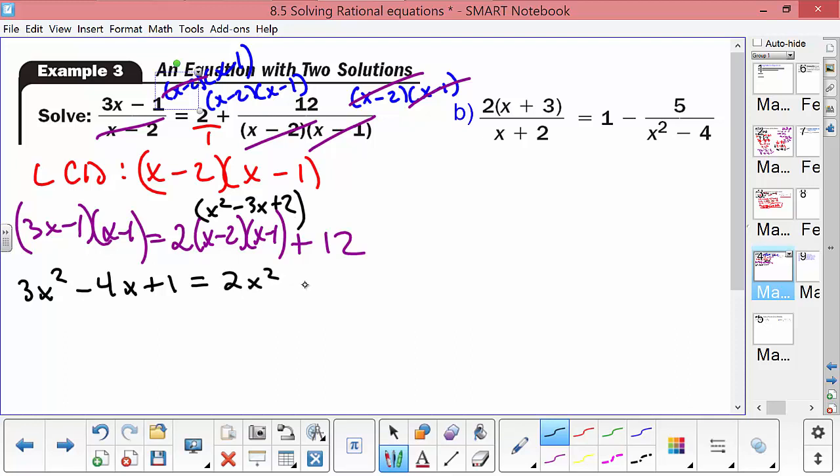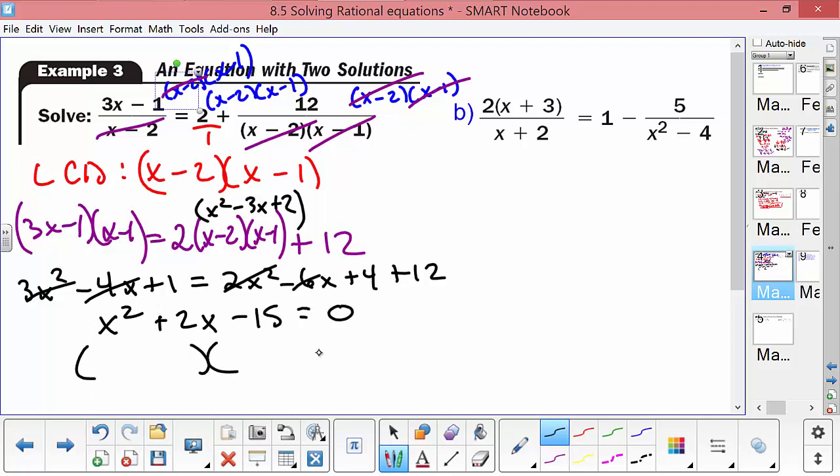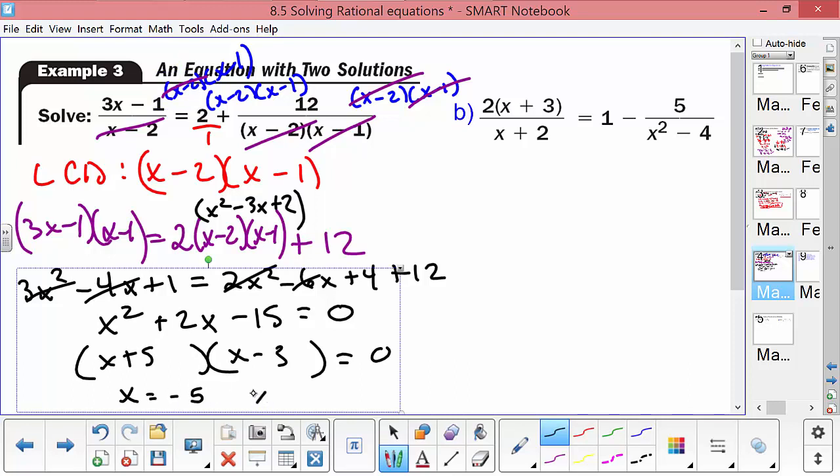So 2x squared minus 6x plus 4 plus 12. I'm going to collect like terms and bring everything to one side. So I'll get x squared plus 2x minus 15. Factor that. x plus 5, x minus 3. So I get x is equal to negative 5 and x is equal to 3.